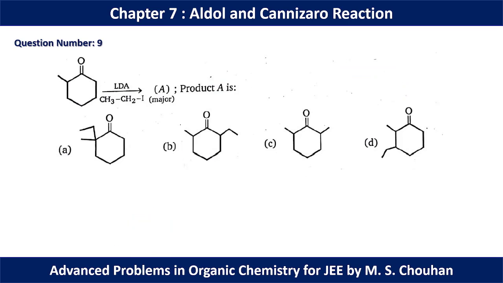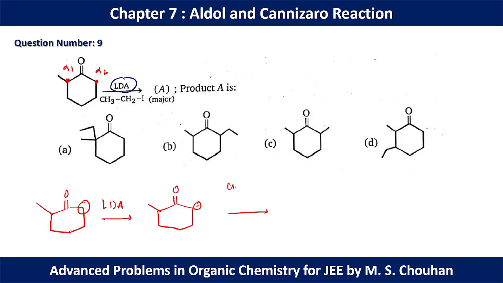In question number 9, we have used LDA. LDA is a sterically hindered base, so it can remove alpha hydrogen from the least sterically hindered position. So now we have two alpha positions, one is alpha 1, another is alpha 2. So alpha 2 is the least sterically hindered position. So if we use LDA, we can remove hydrogen from this center and we will get this kind of situation.